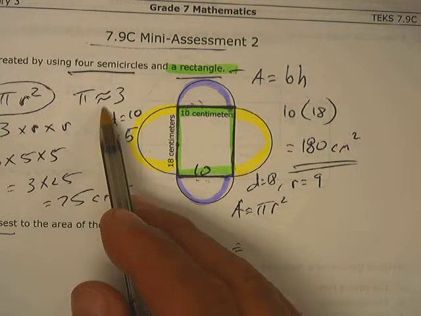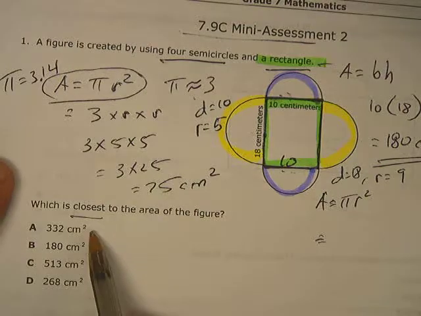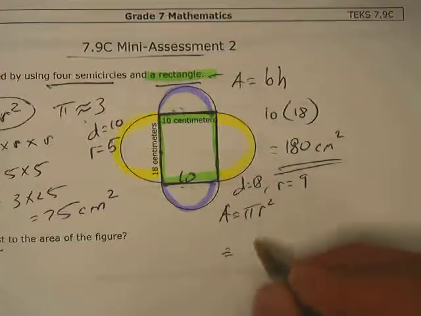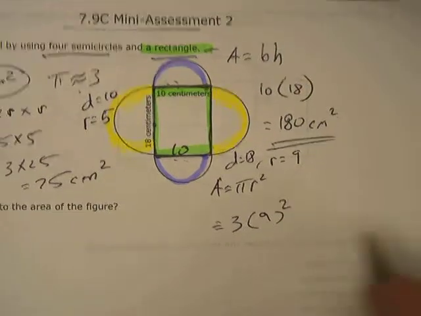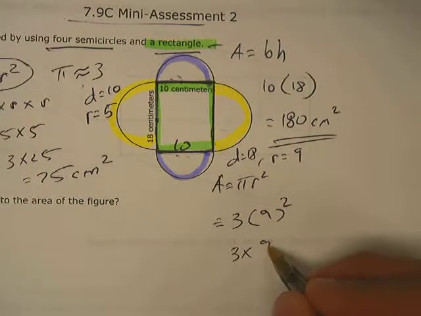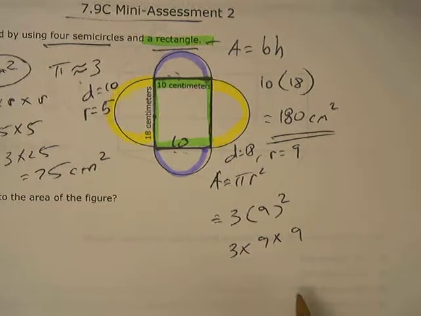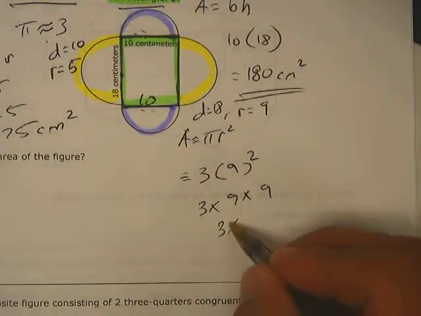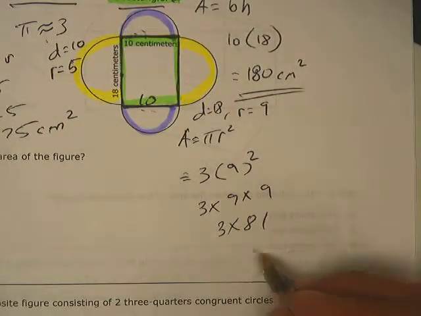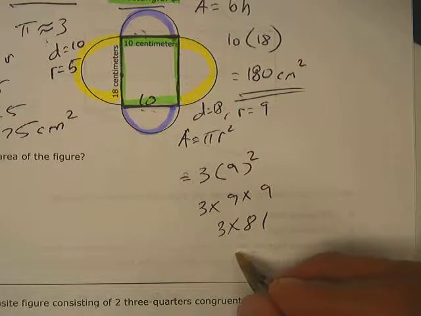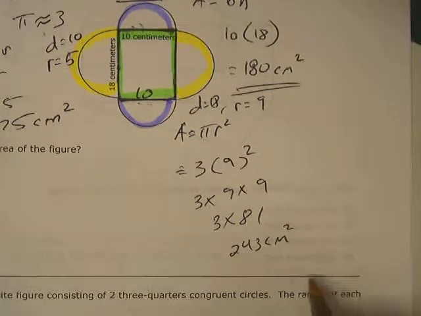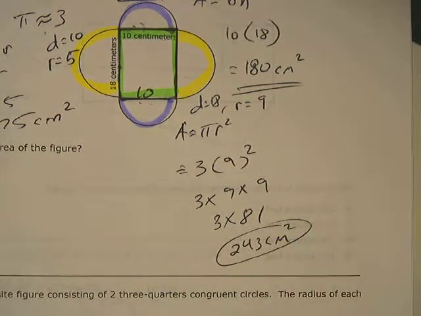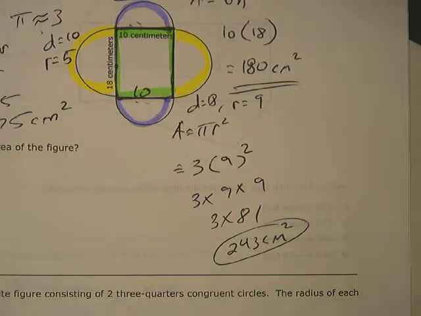Now we use pi, and we said we're going to approximate to 3 because of the word closest. So it's 3 times 9 squared, or 3 times 9 times 9. 9 times 9 is 81, and 81 times 3 is 243.